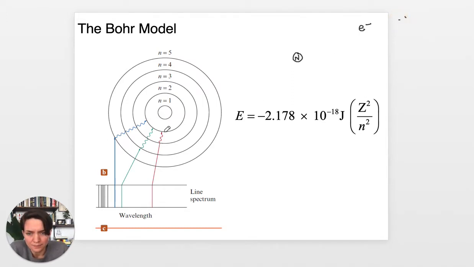Okay, so Bohr developed this equation, which is going to represent all of the energy levels available to the hydrogen electron. So Z here is just our integer. In this class, we're always going to be just looking at hydrogen, so Z will always equal 1.